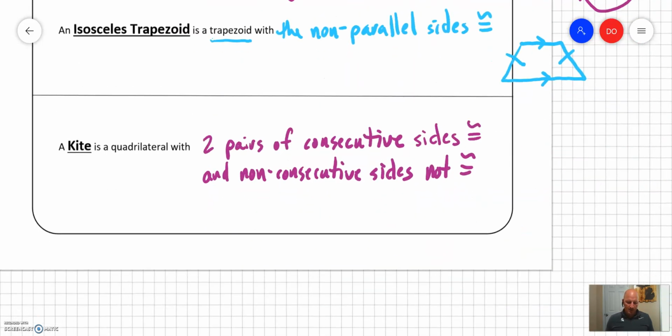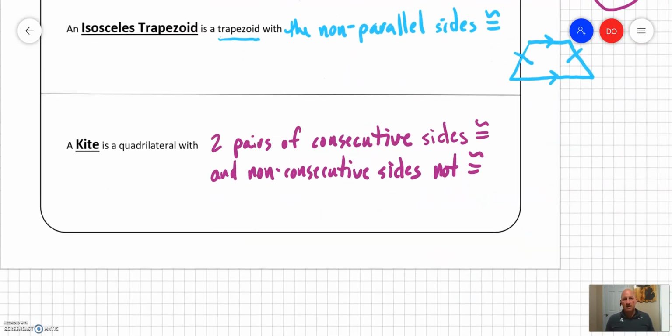The last breakdown type of quadrilateral is considered a kite, where there are 0 pairs of opposite sides parallel. Now a kite is a quadrilateral, but it has 2 pairs of consecutive sides that are congruent, and the non-consecutive sides are not congruent. What does that look like? Looks something like this.